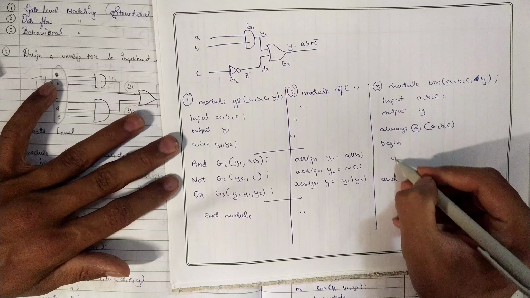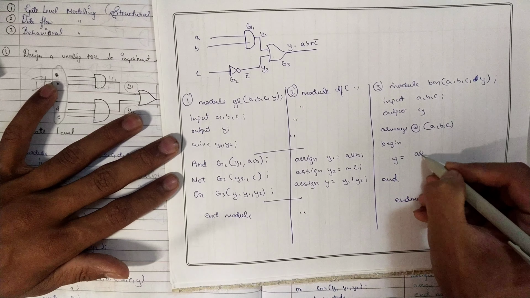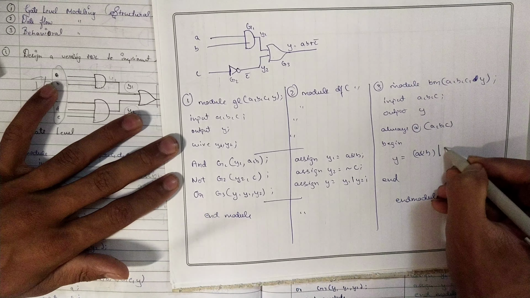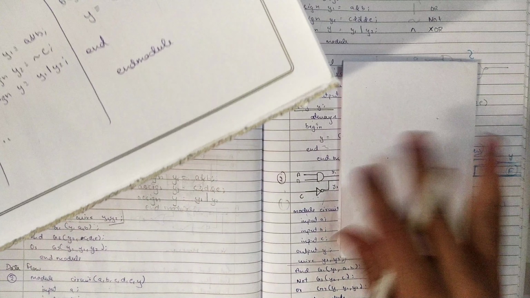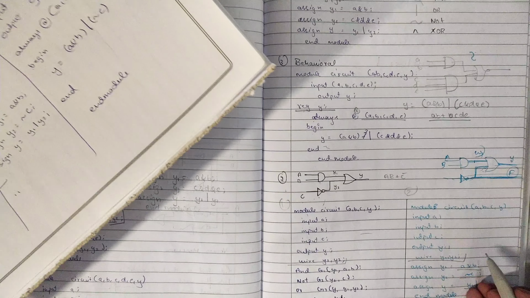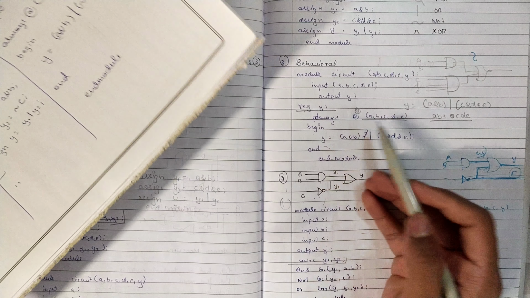Now here we have the expression Y is equal to A and B or in the bracket C. That is it.